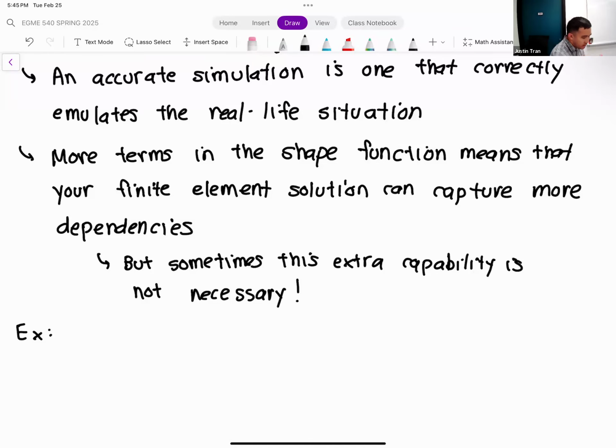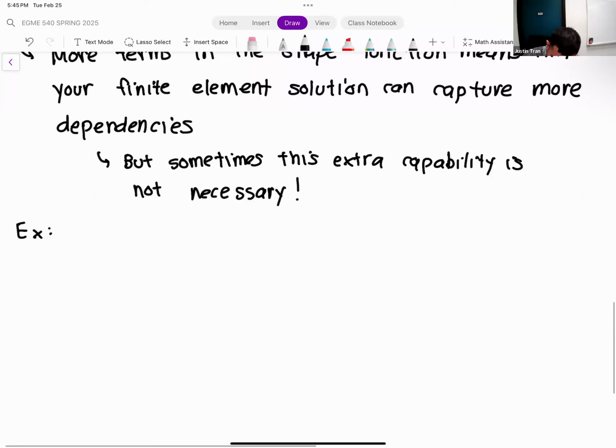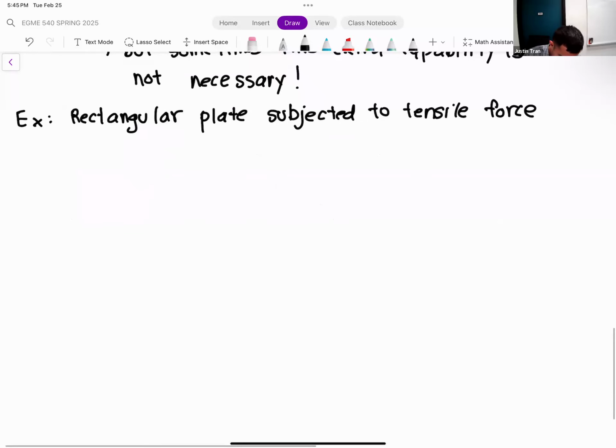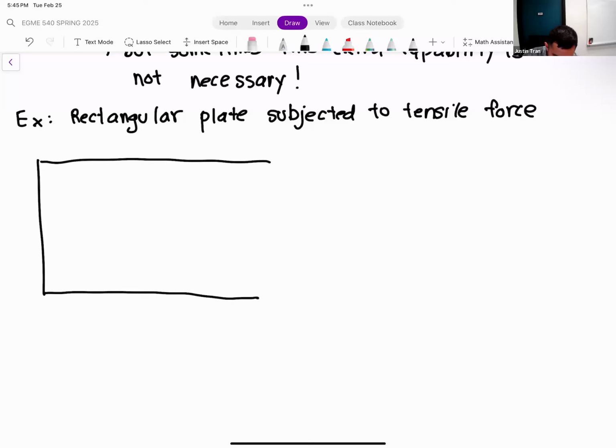We're just going to pull it apart, just like activity 1. The only difference is that I'm not going to put a hole in this plate, just to drive the point.